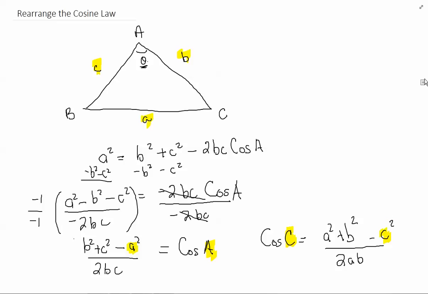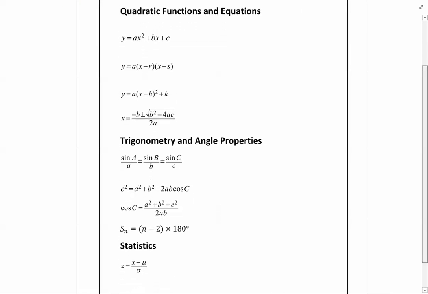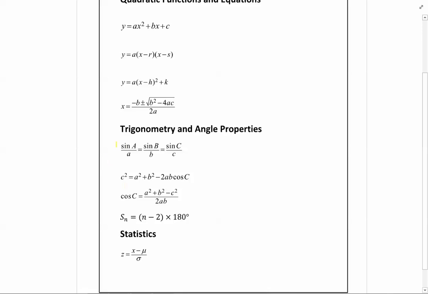Let's do an example. Oh, I'm just going to pop onto the formula sheet here. I want you to see this is your formula sheet, so the sine law is sitting on your formula sheet. It isn't written this way, but you can have A over sine A equals B over sine B equals C over sine C. So if you want to use it differently than what's sitting on the formula sheet, you just need to remember that.